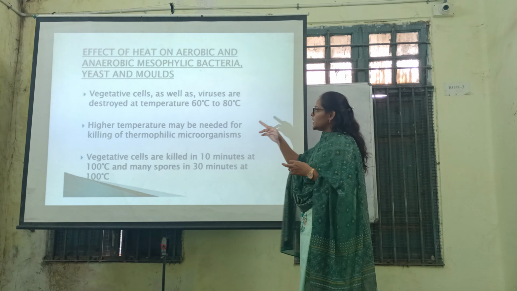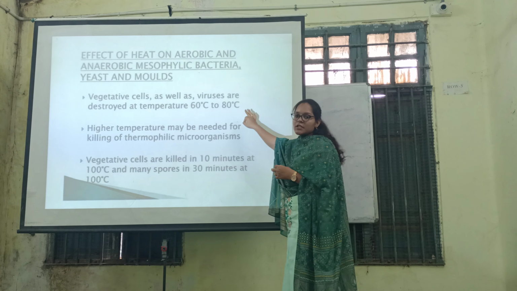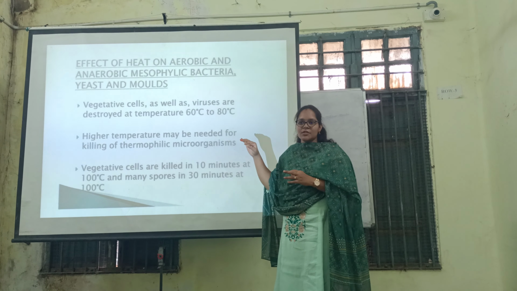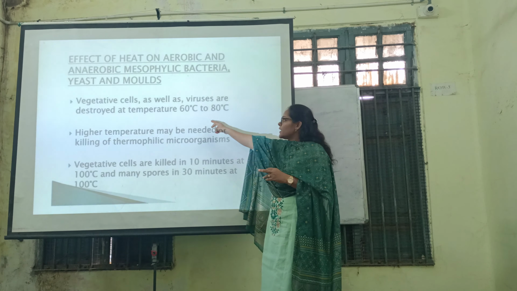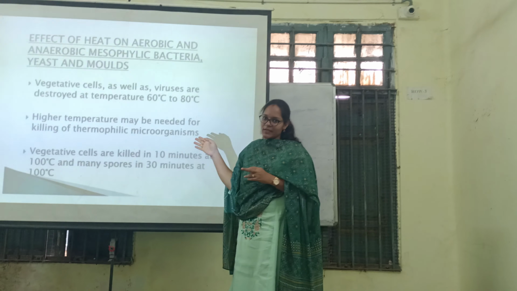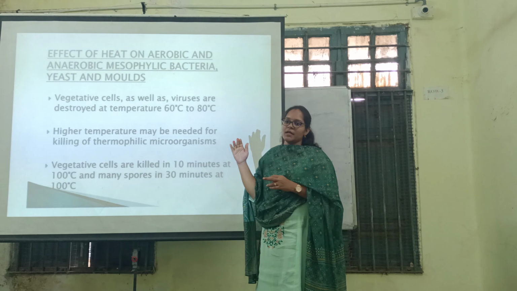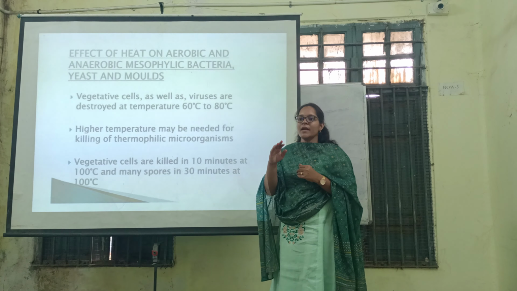Here, vegetative cells as well as viruses are destroyed at temperatures of 60 to 80 degrees C. As per the pasteurization method, we can use a mild temperature, that is 60 degrees C, for 30 minutes, half an hour. If a higher temperature is taken, that is 120 degrees C, it can be maintained for only 12 seconds.